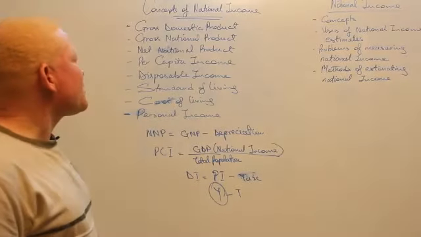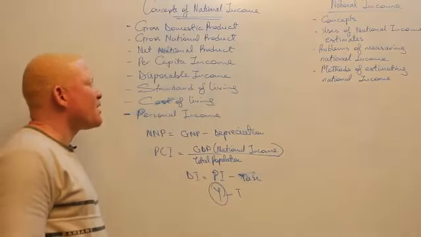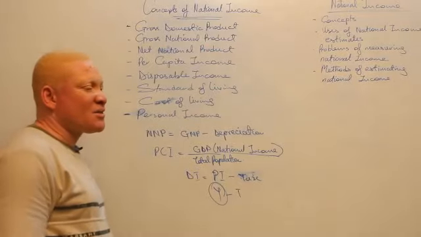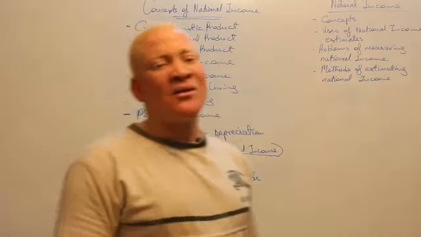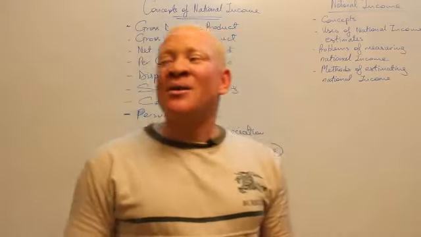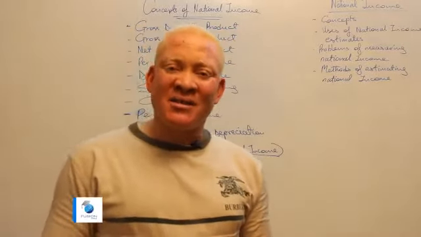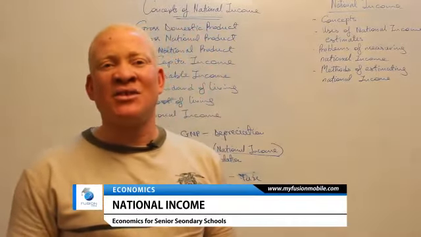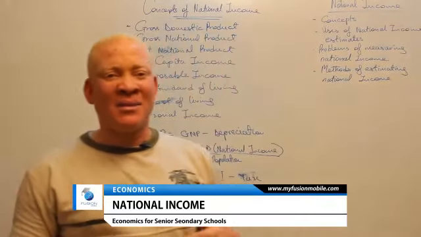Now, the next point of call is standard of living. Standard of living just talks about the level of things, of amenities that is enjoyed by an individual or by an individual in a particular society.